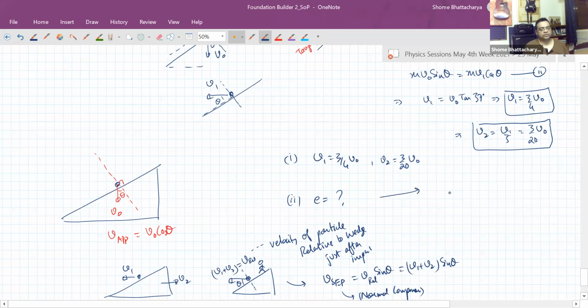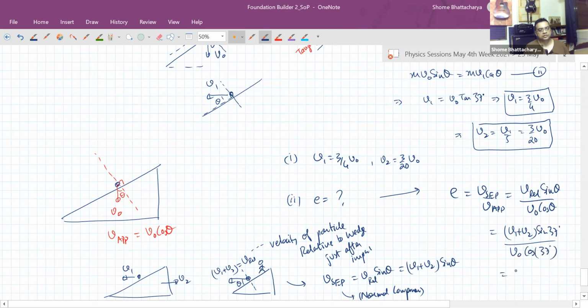This was our approach velocity. So the coefficient of restitution is separation upon approach. Okay. So the separation velocity is this relative horizontal velocity sine component. Approach was the vertically downwards velocity's horizontal component. So further this becomes v1 plus v2 sine 37 divided by v0 cos 37.